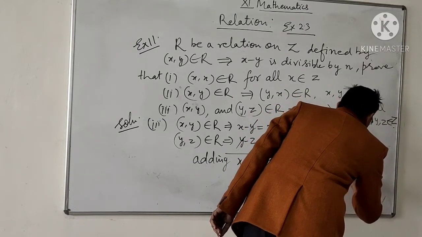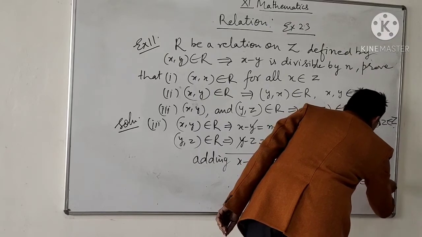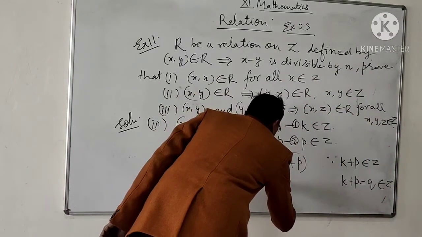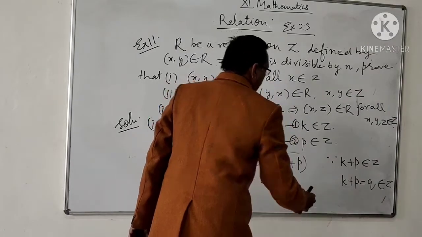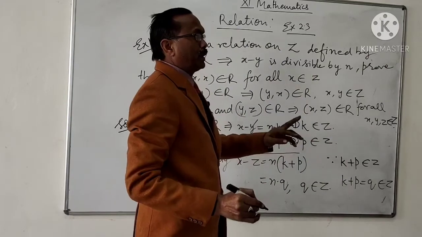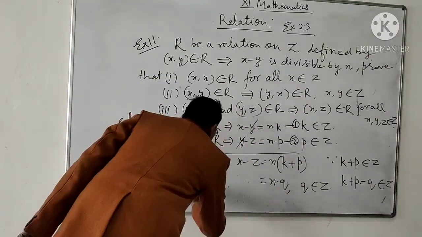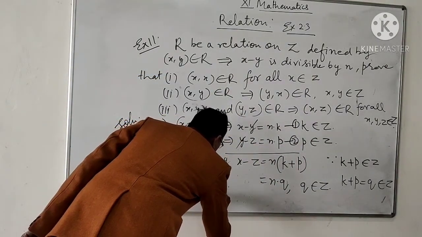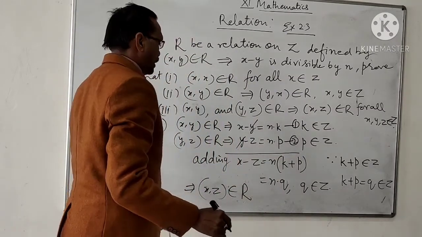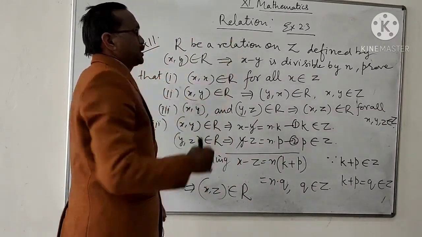We can write k plus p equal to, let q, and it belongs to Z. So we can write n into q, and here q is also an integer. This implies that (x, z) belongs to R, and the statement is proved.